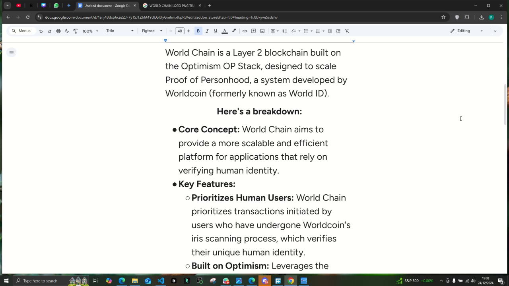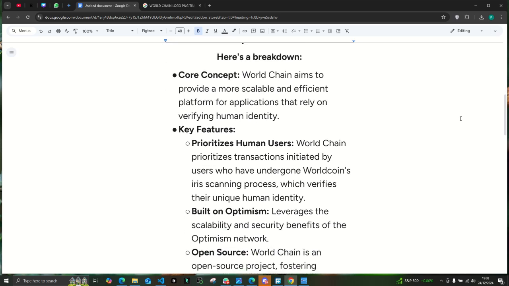What are the key features? It prioritizes human users. WorldChain prioritizes transactions initiated by users who have undergone Worldcoin's iris scanning process, which verifies their unique human identity. The second feature is that it is built on Optimism, leveraging the scalability and security benefits of the Optimism network.